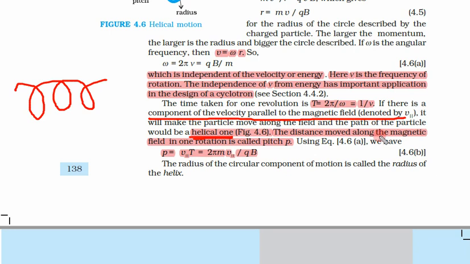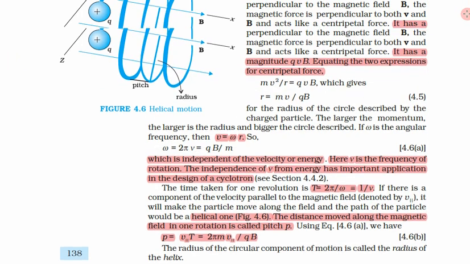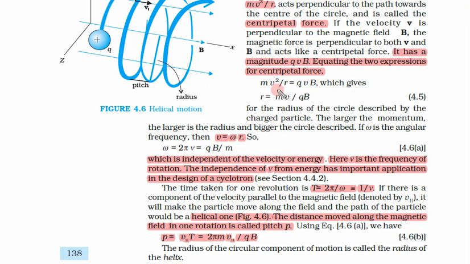Now what is the distance? The distance moved along the magnetic field in one rotation is called pitch. You know what the pitch is, because in 11th we did a practical where we learned about the pitch of the screw gauge. When we rotate the screw gauge once, it also moves a little bit, and that one motion is called a pitch.